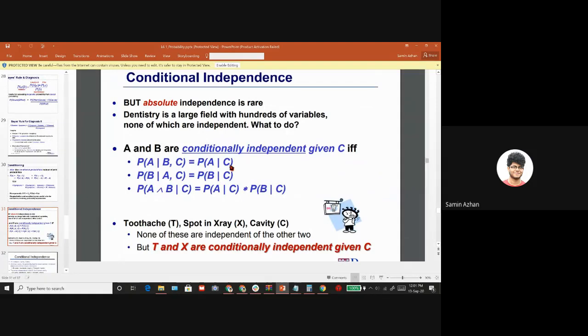So if we're trying to determine if A and B are conditionally independent given C, we have to make sure these three conditions are true. The last one we just saw, and also we have to prove these two conditions. The probability of A given B, comma C, the probability of A given B and C should equal the probability of A given C. We'll look at a few examples.